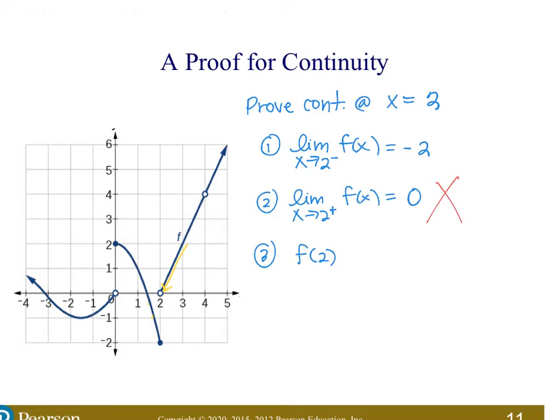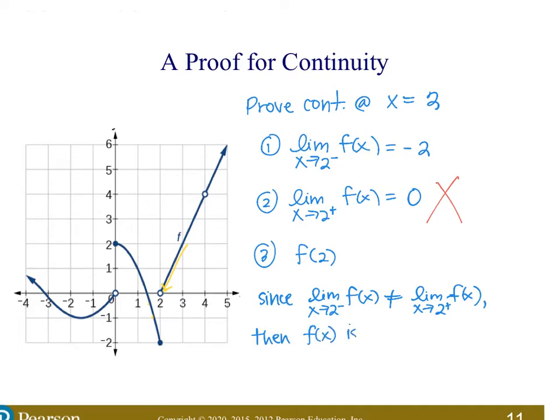And so we would conclude that since step 1, which is the limit as x approaches 2 from the left, is not equal to the limit approaching 2 from the right, then f of x is discontinuous at x is 2.